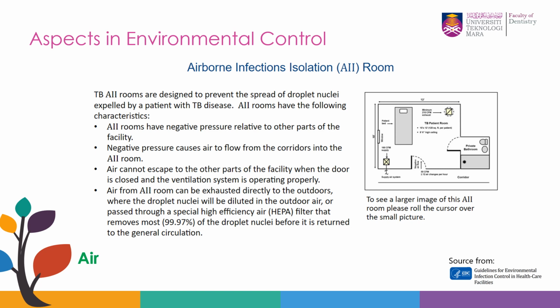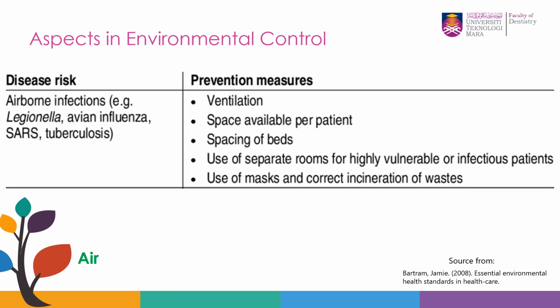Okay, so air cannot escape to the other parts of the facility when the door is closed and the ventilation system is operating properly. All right, so this room is equipped with a HEPA, or special high efficiency air filter, that removes almost 99.97% of the droplet nuclei, okay, before it is returned to the general circulation.